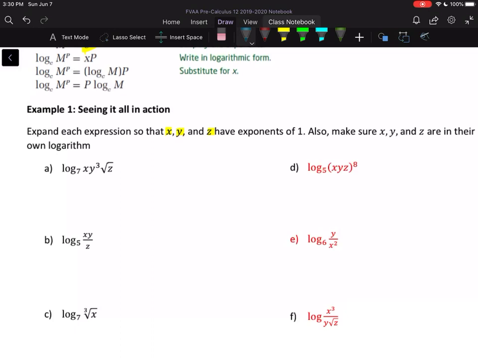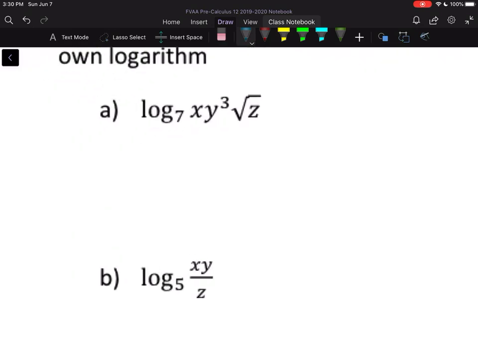Because these are all multiplied together, I can split these up into log base 7 of x plus log base 7 of y cubed plus log base 7 of the square root of z. Because of the first law that we looked at, the product law of logarithms, I can split all of these up because these were initially multiplied together. If you wish, brackets.